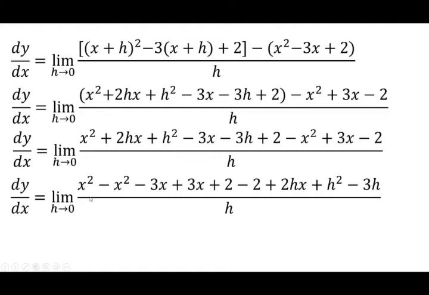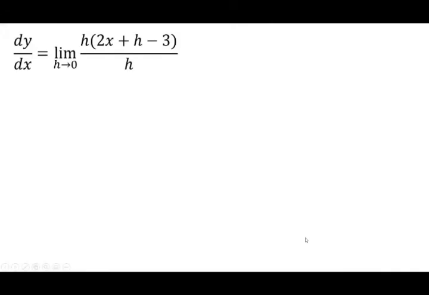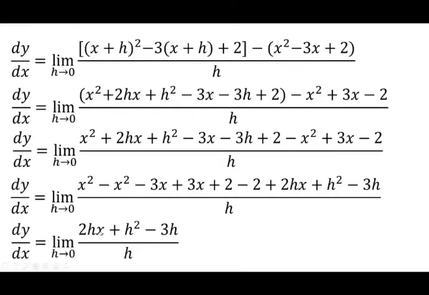Okay? So, x square, mawawala na to as well as 3x at saka yung 2. So, matitira na lamang is, ayan. So, now it will become dy over dx is equal to the limit of 2hx plus h square minus 3h all over h as h approaches 0. So, i-factor out natin yung h. Kasi, may h naman siya lahat. Ano?